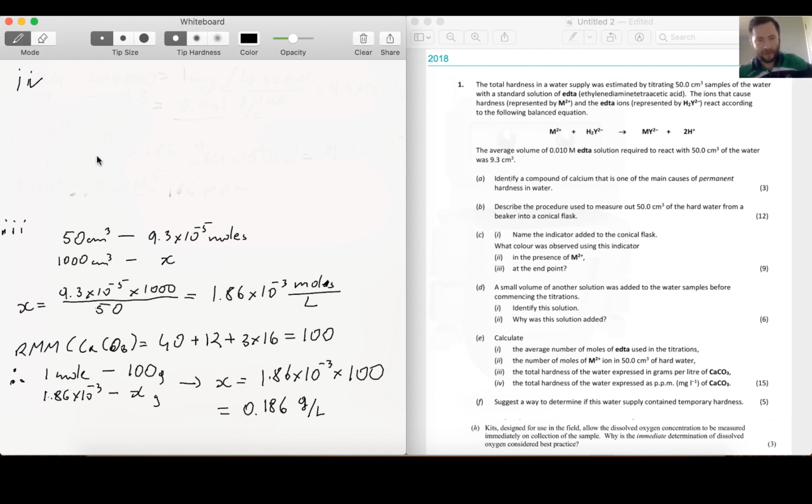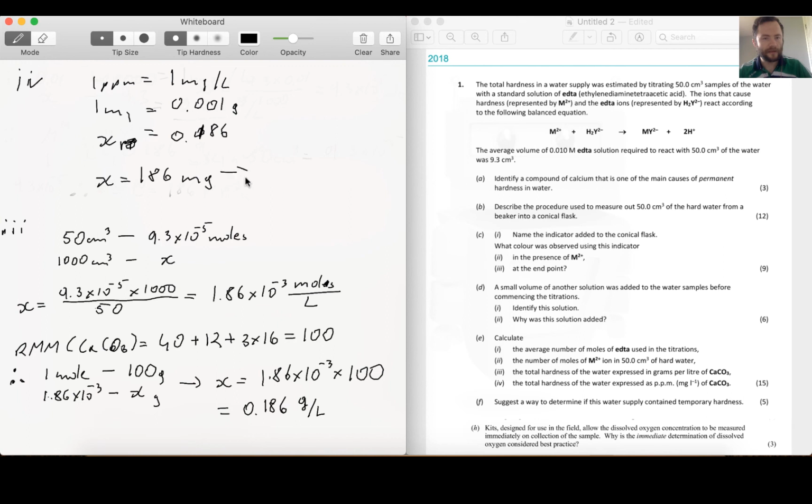So I know that 1 part per million is 1 milligram per liter, and I know that 1 milligram is 0.001 gram. So I know that X parts per million, X milligrams, is equal to 0.186 grams. So X is equal to 186 milligrams, and that tells me that the concentration is 186 parts per million.